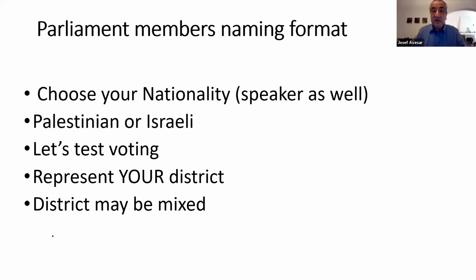So let's take a vote right now. I'll ask the Palestinian parliament members. Just change it. We don't have the constitution yet. Can you go to a generic vote, Dan?